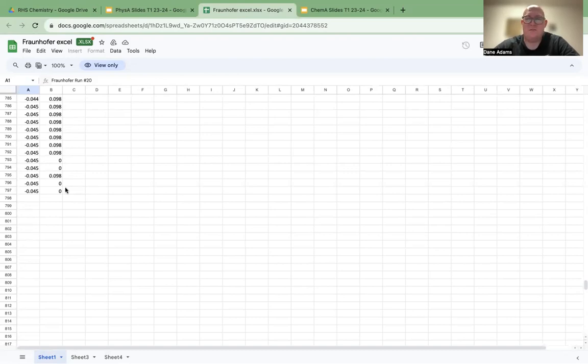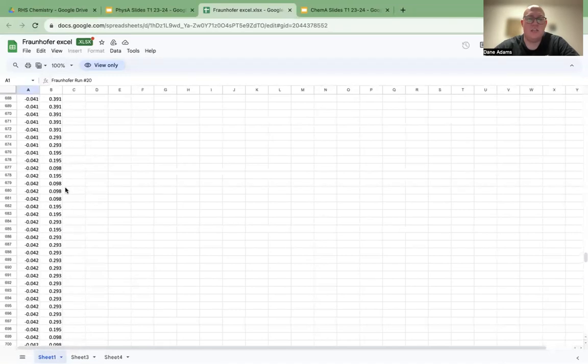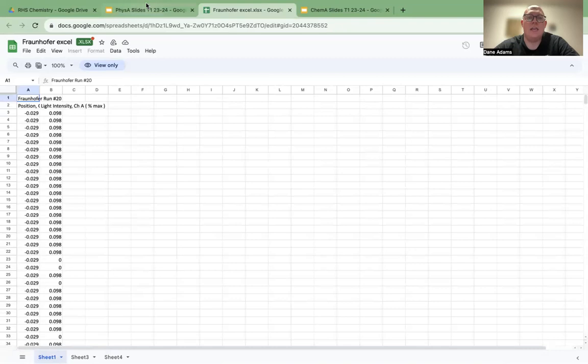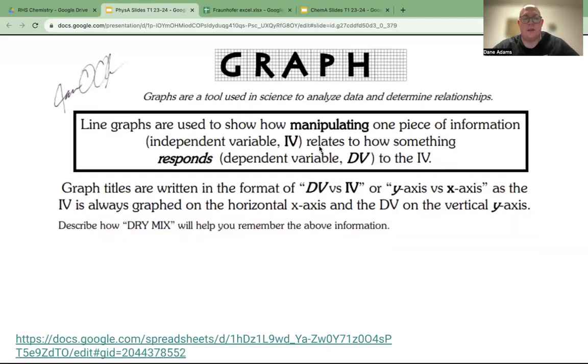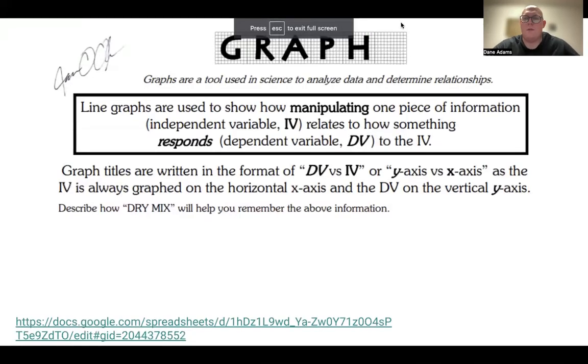When we have really, really large quantities of data like this, it becomes difficult to actually glean any useful information out of it. And so that's why one of the most important practices that a scientist can engage in is graphing and ensuring that they know how to graph, because that's really the only way we're going to be able to figure out what the data means and if there's anything significant to glean from it.